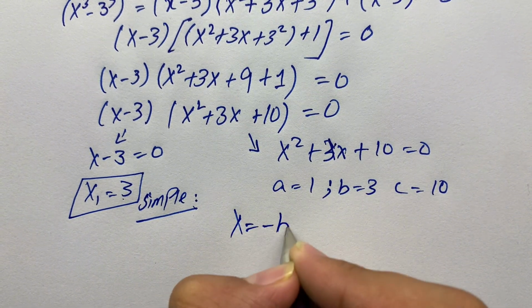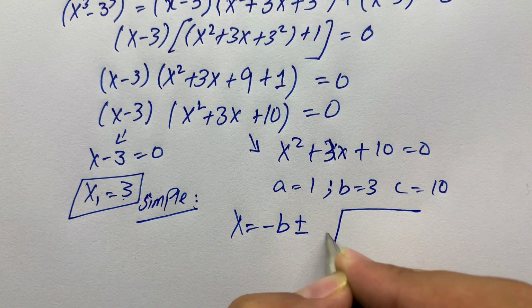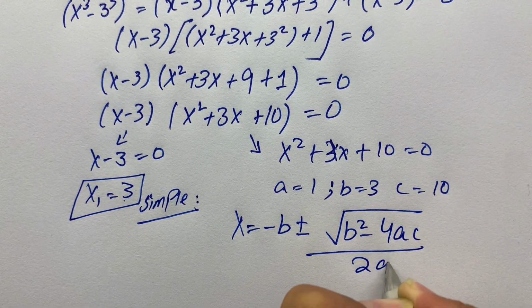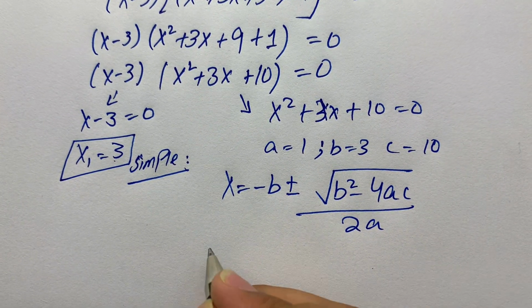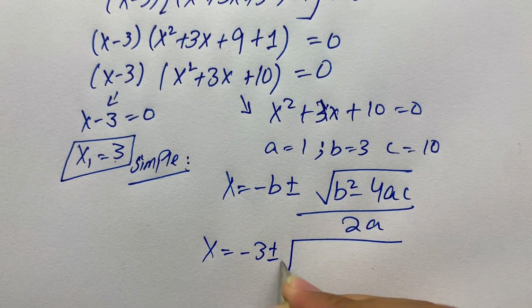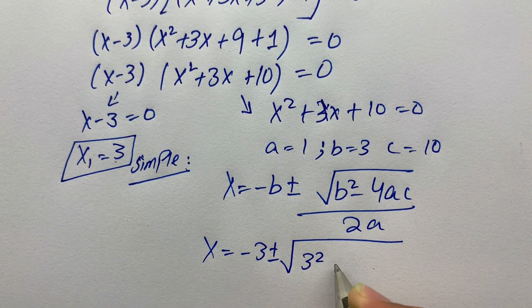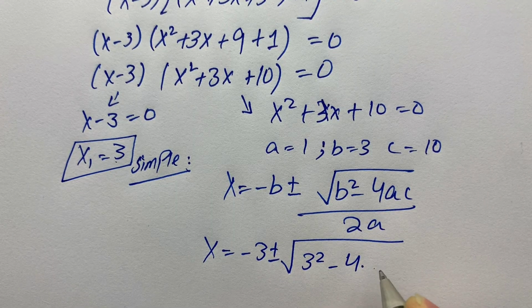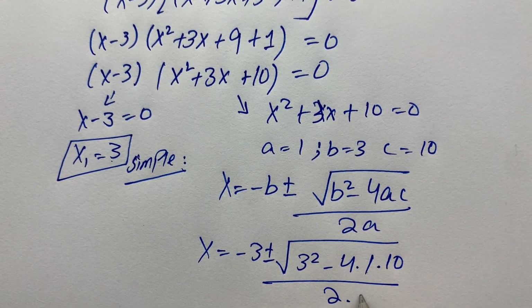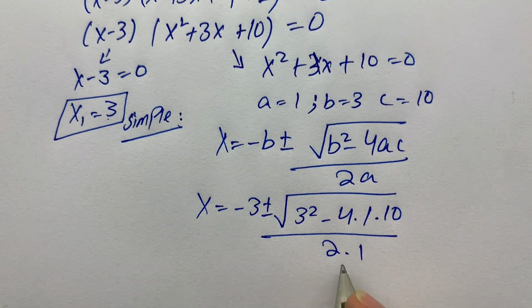x is equal to minus b plus minus the root of b squared minus 4ac, divided by 2a. Let x is equal to minus 3 plus minus the root of 3 squared minus 4 into 1 into 10, divided by 2 into 1.